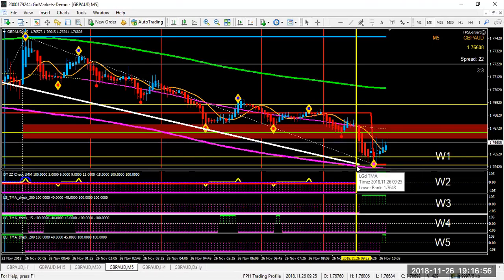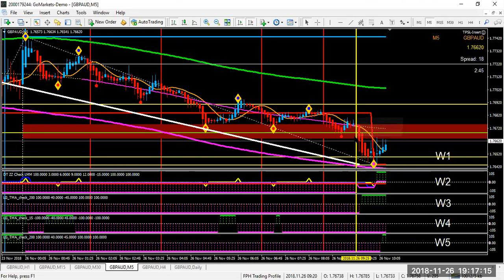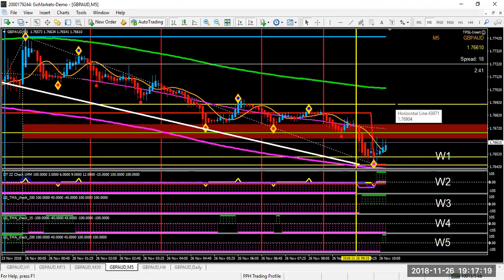So the software does 75 or 80%. The human being really just needs to do the 20%. The 20% is making sure criteria is met for step 1. If it's met and in the right zone, do step 2. Once we've done step 2, we go to step 3 and mark out the lines, and drag our stop levels and take profits.